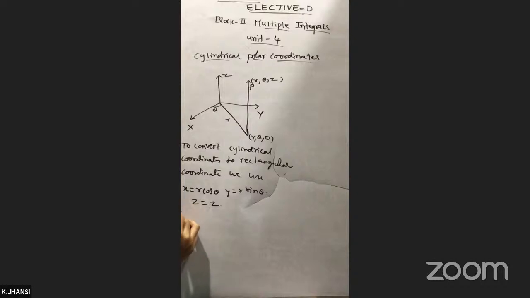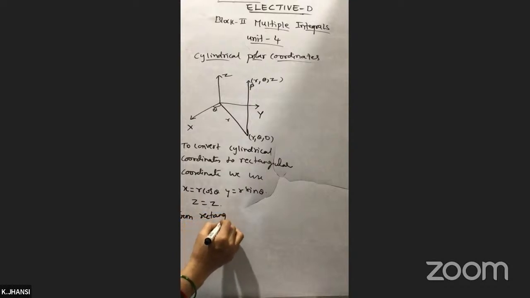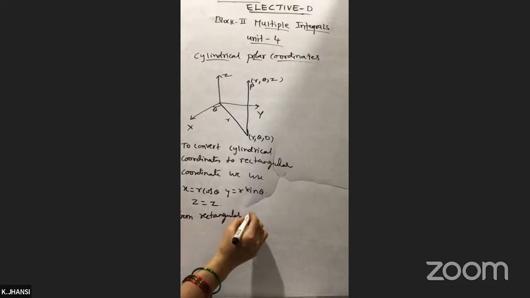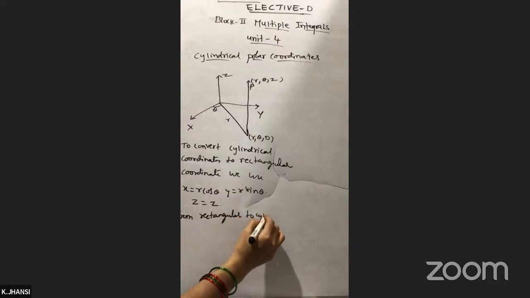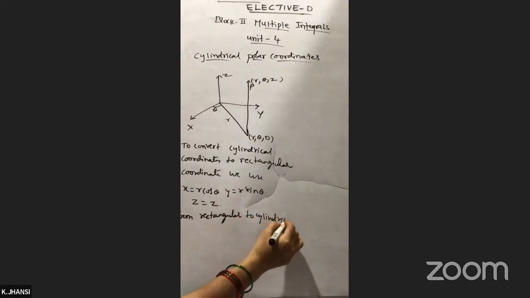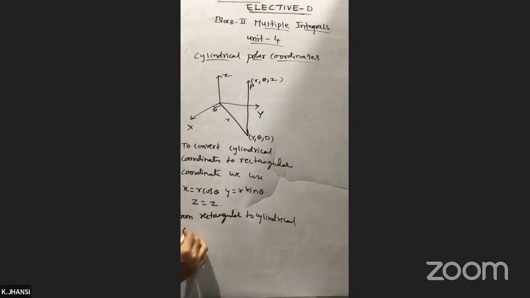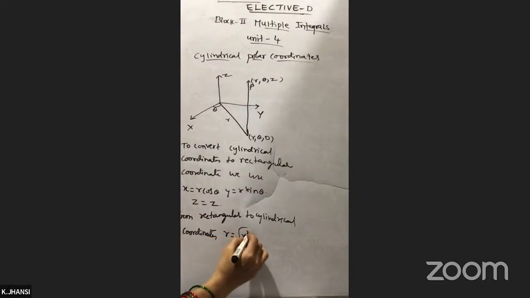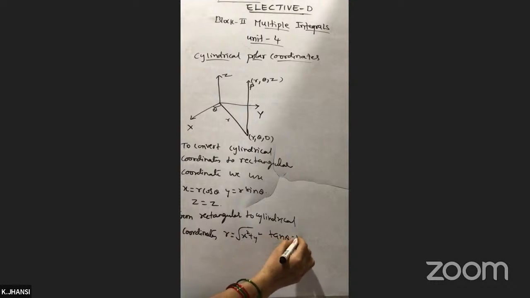From rectangular to cylindrical coordinates, r equals the square root of x square plus y square, tan theta equals y by x, and here z equals z.